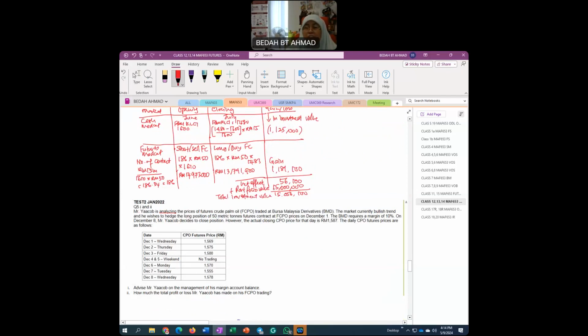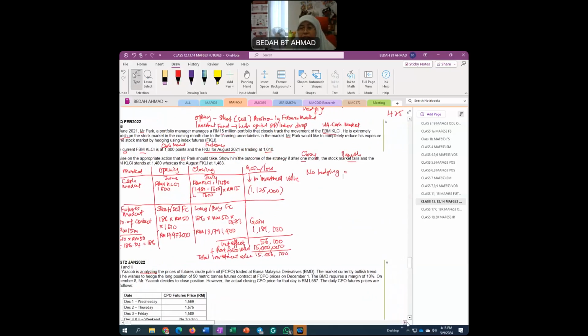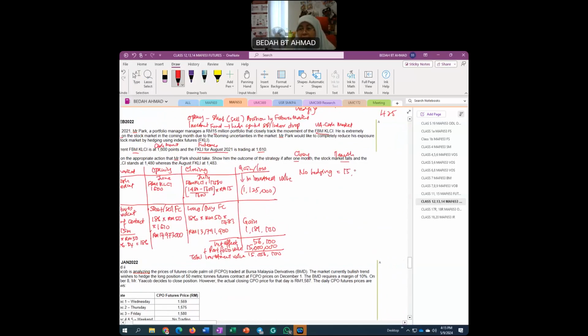So you see that if there is no hedging, the value of investment is 15 million minus the reduction in the investment 1,125,000. Okay, which is how much is it? 15 million minus 1,125,000, so it's 13,875,000.